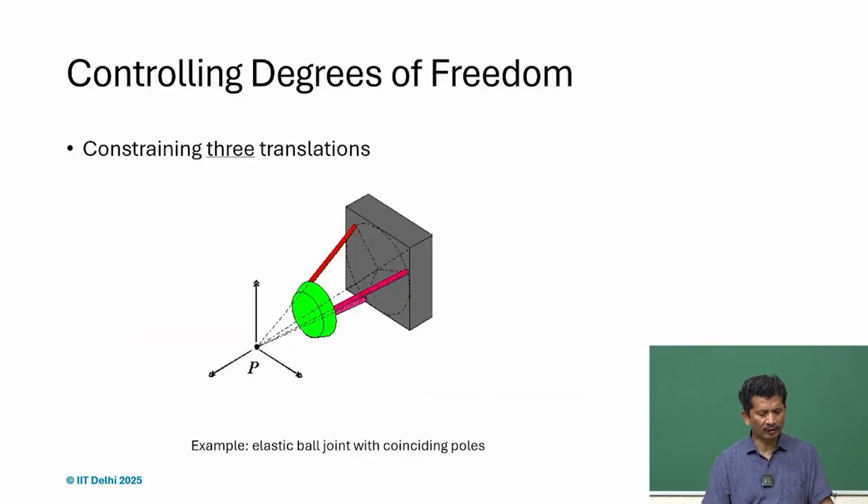So, if we look at these concepts closely, what we also realize is that we can have a pole, or we can have an elastic joint which is not in the body, which is remotely located.